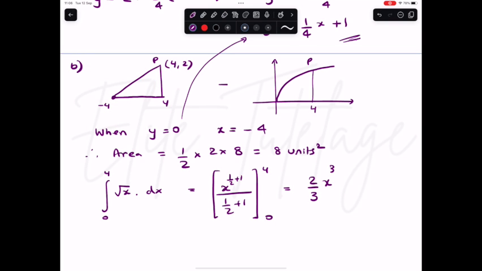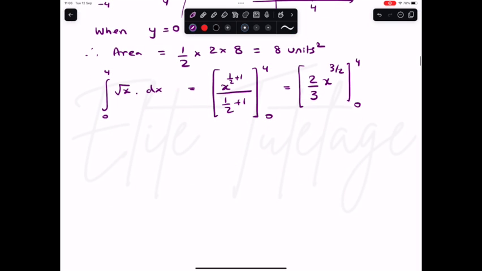And let's pop in the limits. So that will be 2/3 times 4 to the power of 3 over 2 minus 2/3 times 0. Okay, and that gives me 16 over 3.